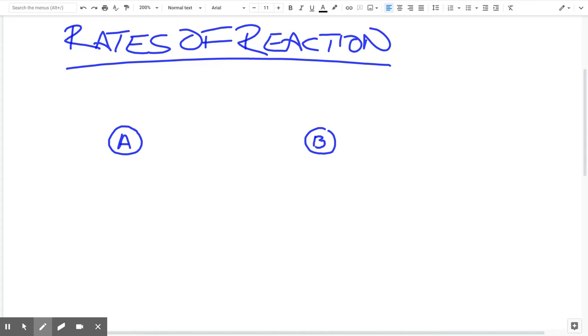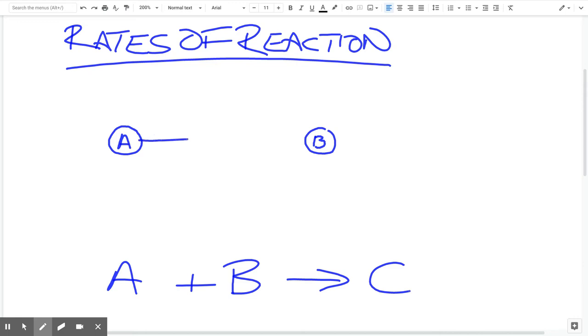So if we're going to take the reaction of A plus B, and we'll just say it's going to produce a product, particle C, whatever particle C is doesn't really matter. We need to look at how this can occur. At some very basic level, A has to come towards particle B. That is the fundamental basic of how particles have to react.